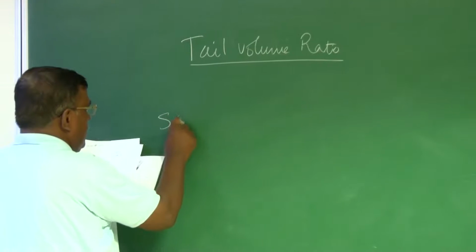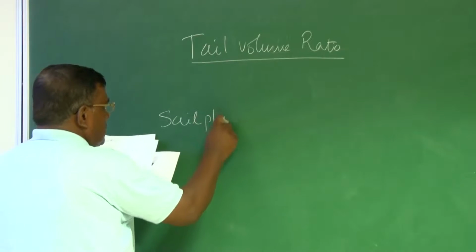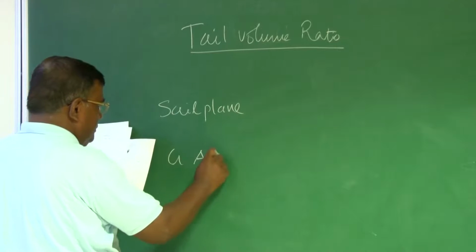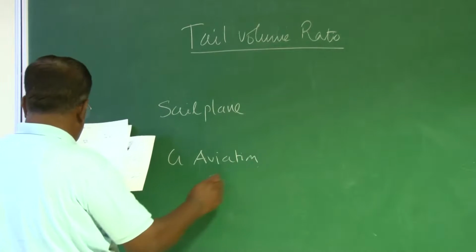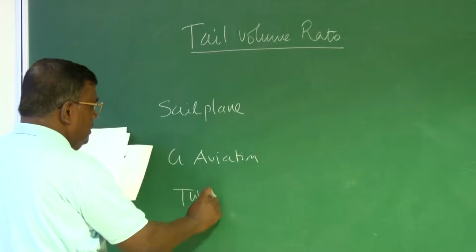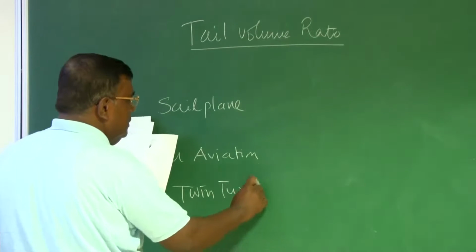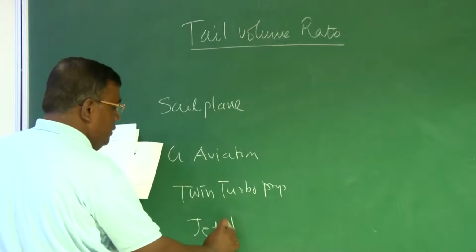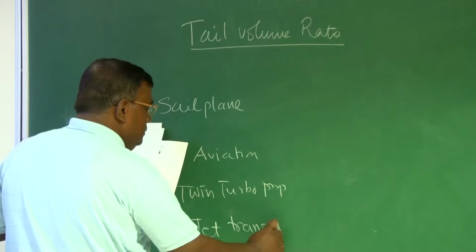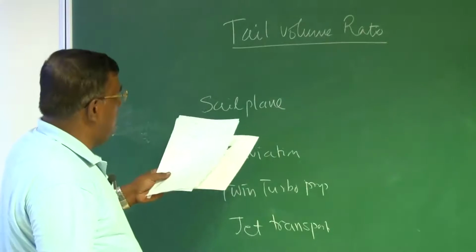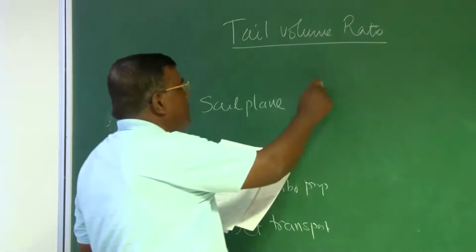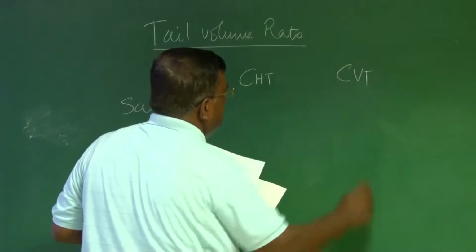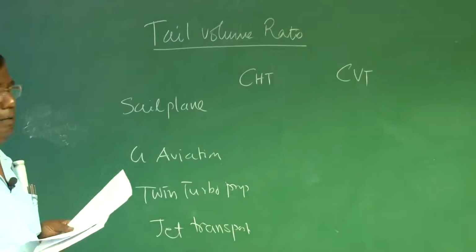So again, for sailplane, then general aviation, then twin turboprop, then jet transport, we'll just give some representative numbers, where CHT is the tail volume ratio for the horizontal tail, and CVT the tail volume ratio for the vertical tail.